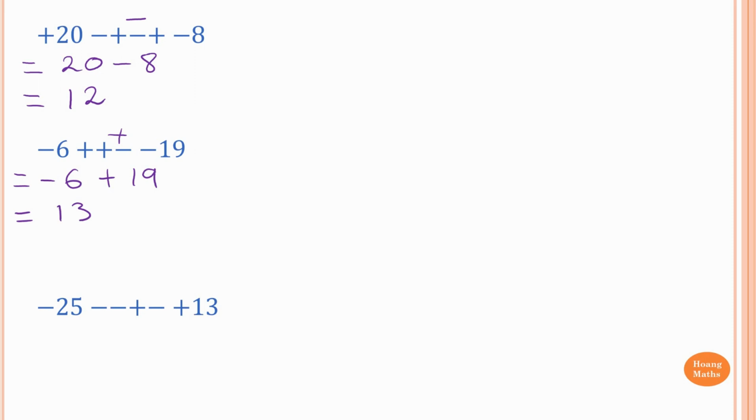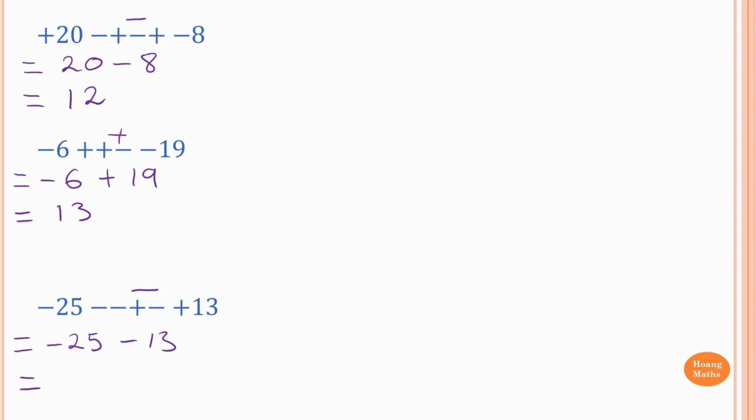Next one. Negative 25 minus plus 13. So we just count how many negatives. So we have 1, 2, 3. So it's odd. So odd negative. So the answer should be negative here. So which is equal to negative 25 minus 13.